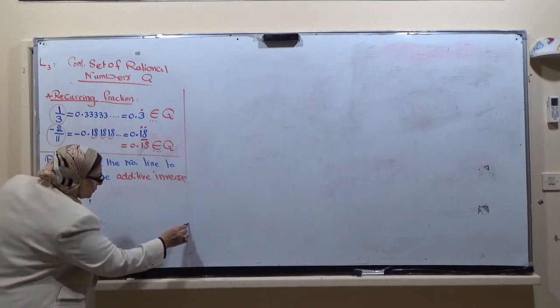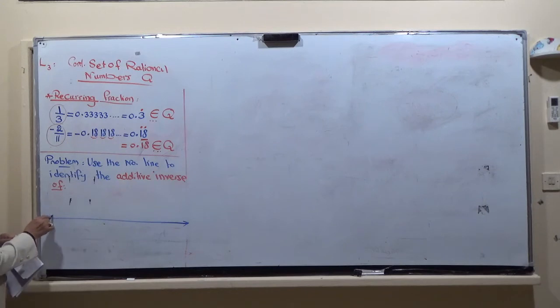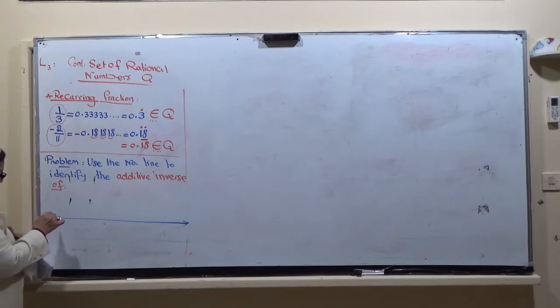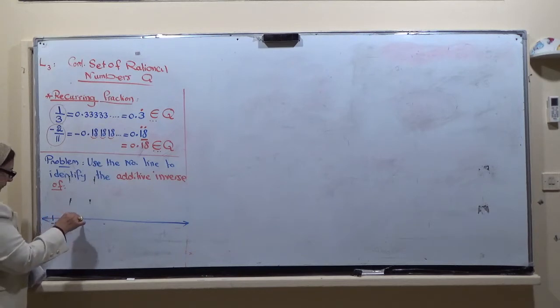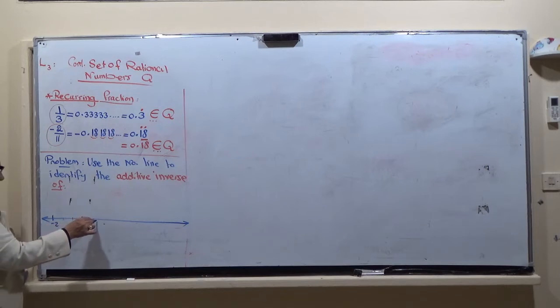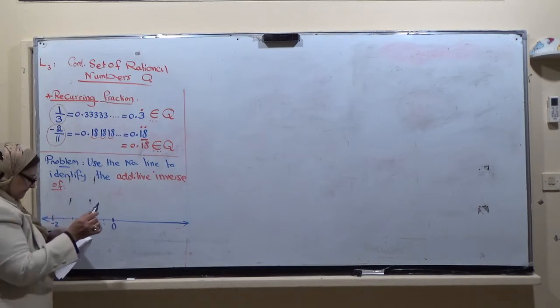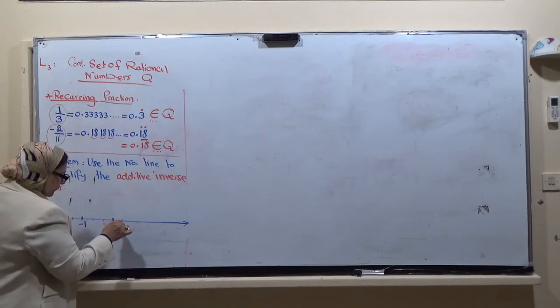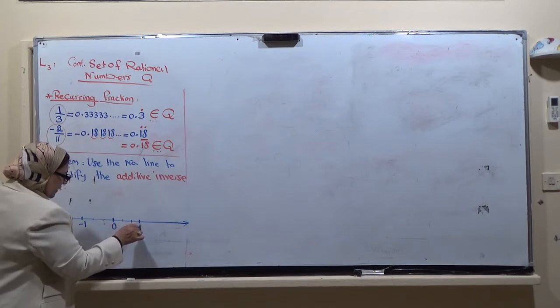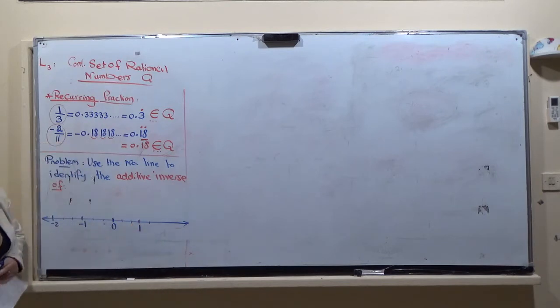I'll rewrite it again. 1, -2, -1, 0, 1. Okay.